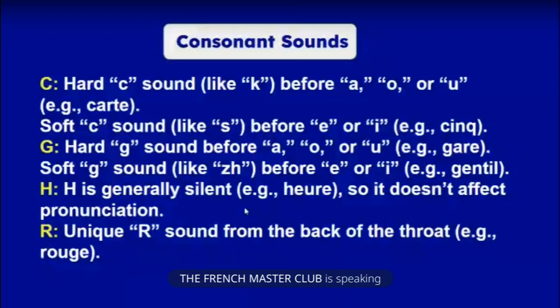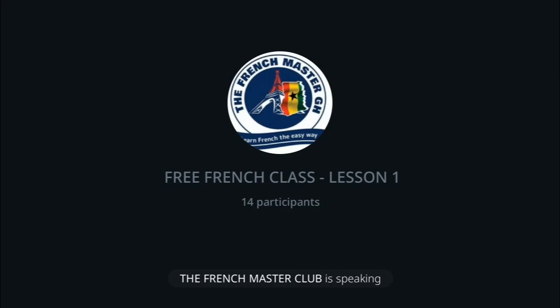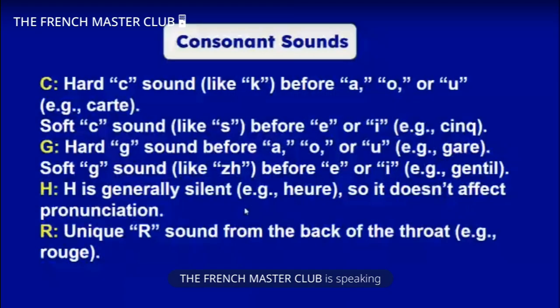Cuckoo is C-O-U, so after C, we have O. That automatically changes the sound of the C to K. When we say the letter name, you are talking about the alphabet. Now we are on sounds, and blending of the sounds will make the reading of French very easy for you.